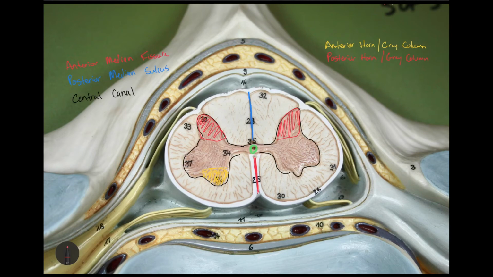It's not posterior gray horn, and it's not posterior horn column. It's either posterior horn of the spinal cord or posterior gray column of the spinal cord. And the same goes for the anterior horn of the spinal cord. Now, in certain parts of the spinal cord, they also have this lateral projection coming out here. And just like the other two, those are going to be called lateral horns or lateral gray columns of the spinal cord.